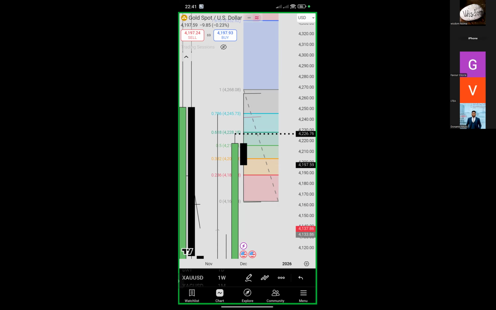Then, if the daily is showing us that we want to continue going down, you know where to target more and more. The high of this black candle will be the next target, then probably the 50% of the previous month area where you marked out. Do you understand what I'm saying?